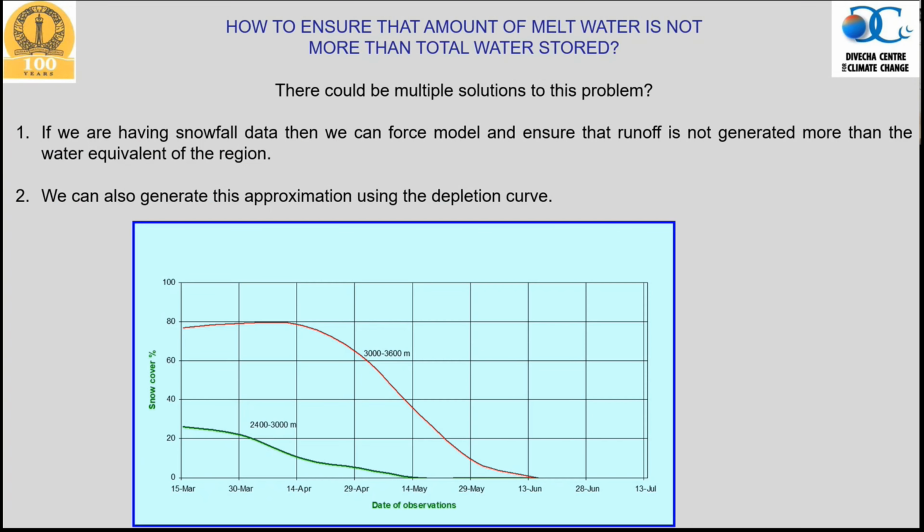But in order to meet the third idea, how we will ensure that the amount of meltwater is not more than the total stored water, there could be multiple solutions for this problem. One of the easiest solutions is if we get the depth and density of the snowpack.